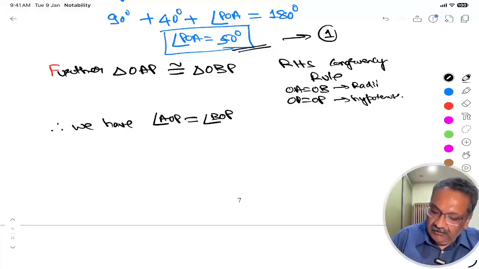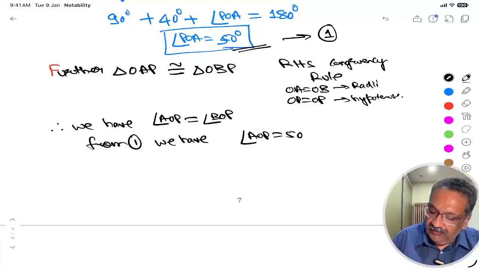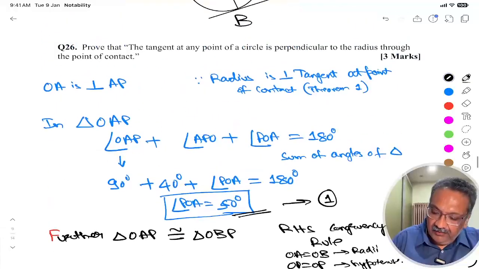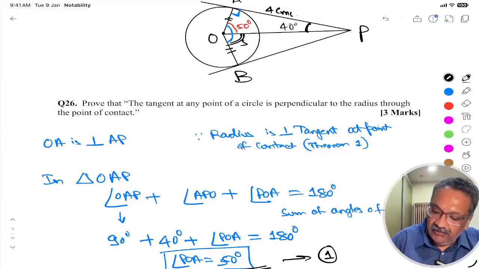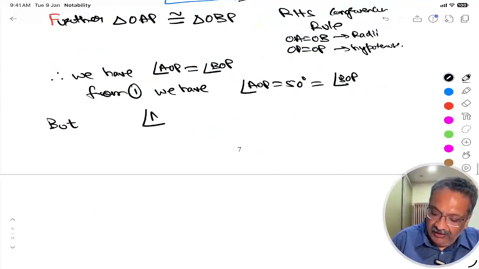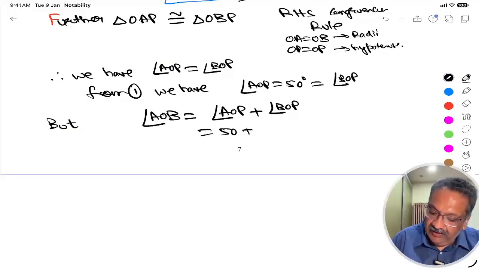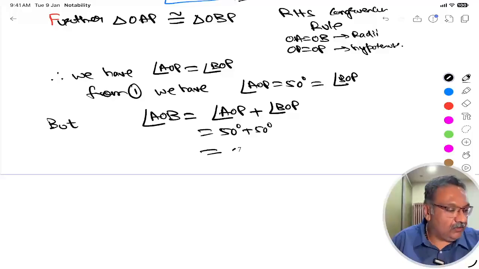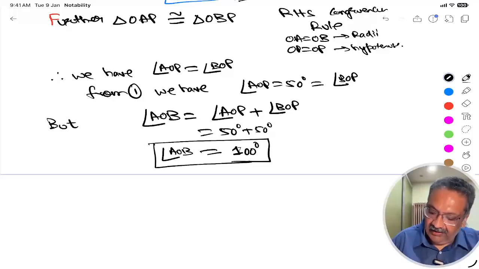From 1 we have angle AOP is equal to 50 degrees, which is equal to angle BOP. So we got this as 50 degrees and this as 50 degrees. What is asked in the question? Angle AOB. Angle AOB is nothing but angle AOP plus angle BOP, which is equal to 50 degrees plus 50 degrees, which is equal to 100 degrees. Angle AOB is equal to 100 degrees.